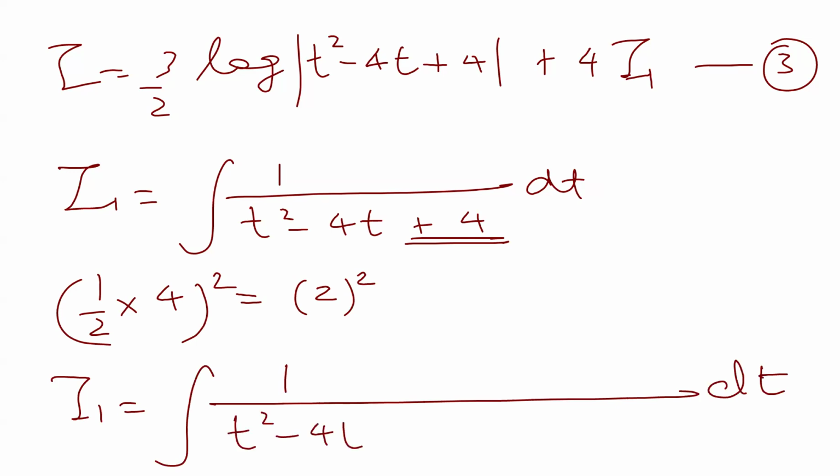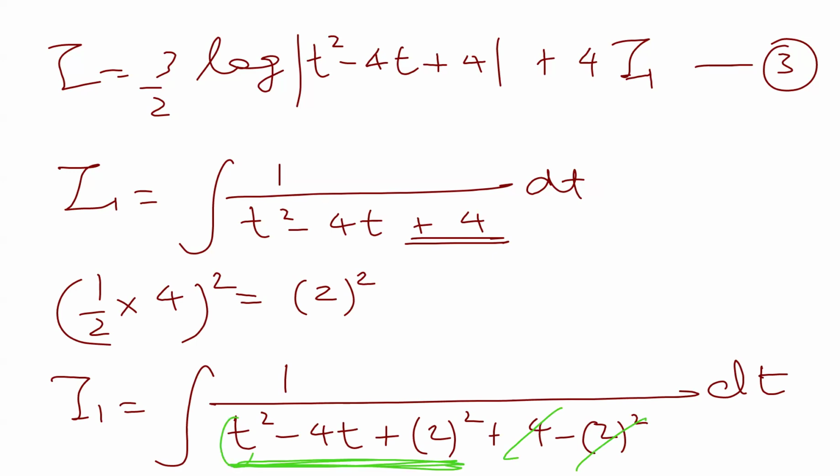So t square minus 4t plus 2 square, plus 4 minus 2 square. Now this will get cancelled, because everything gets cancelled out. So the first three terms are t minus 2 the whole square.